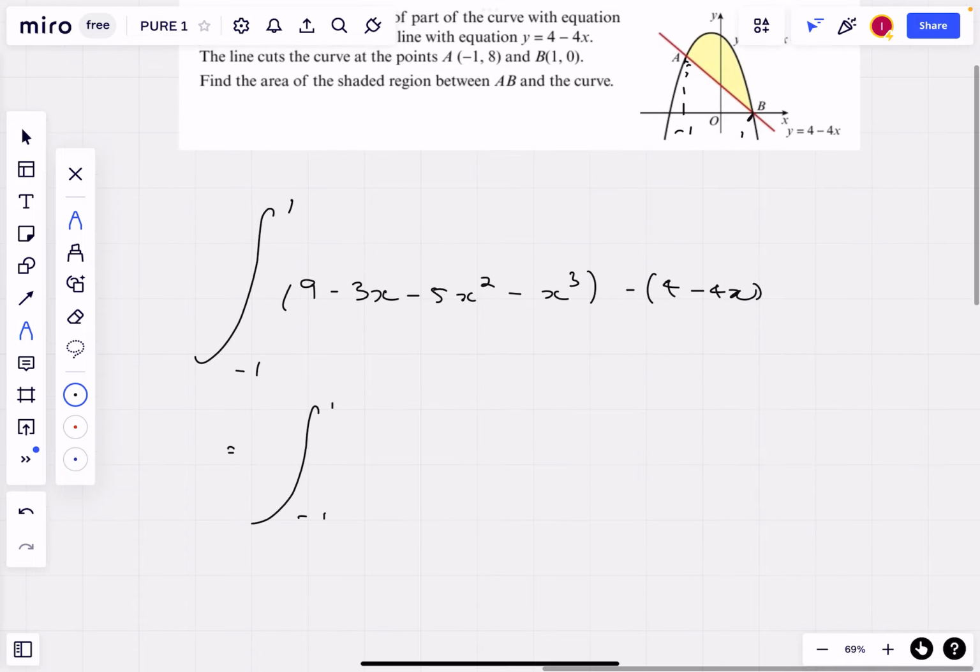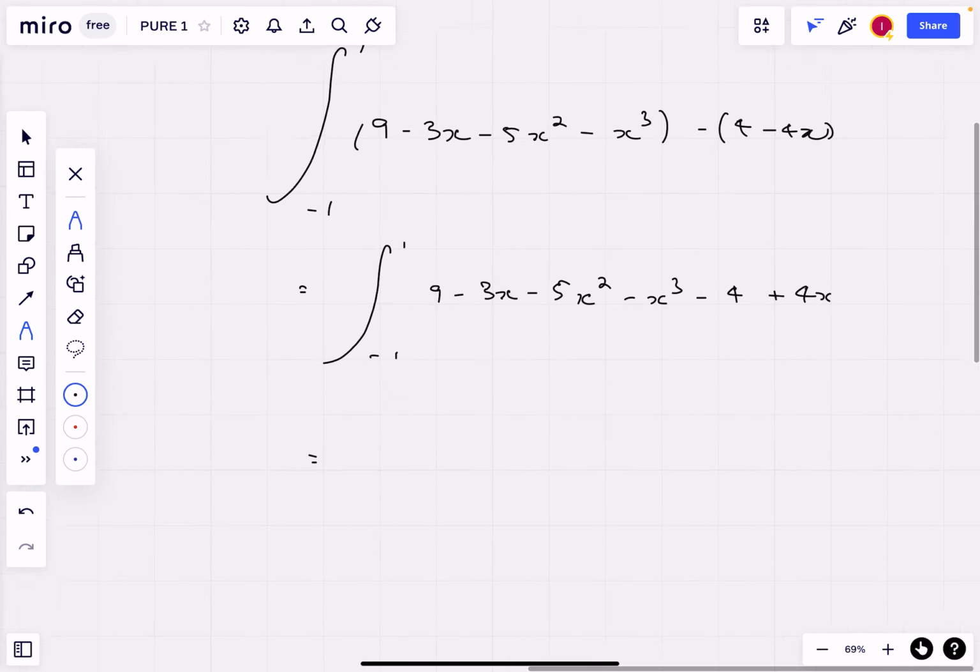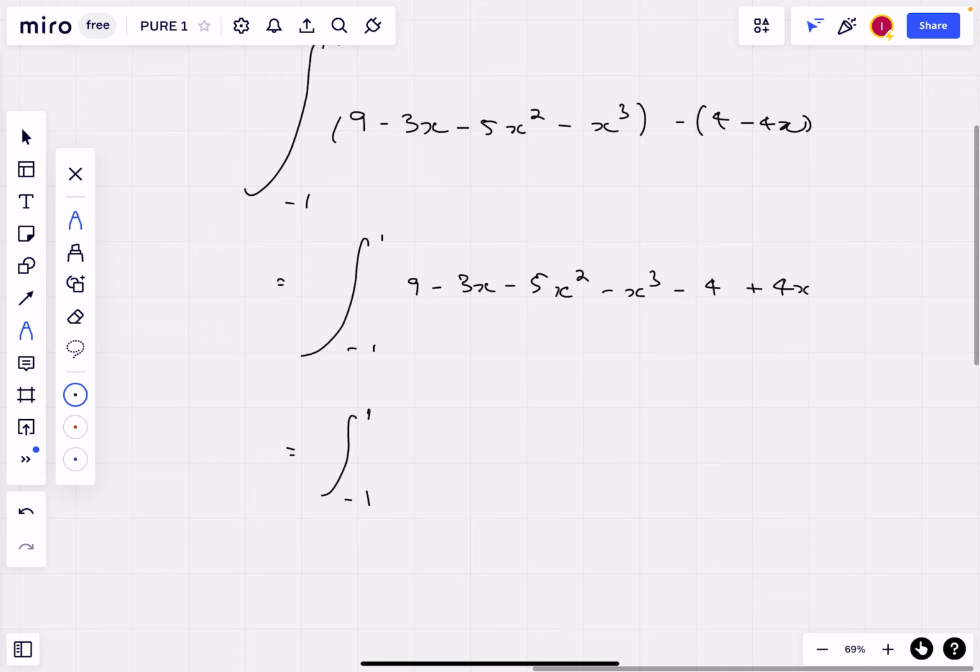Let's simplify that. 9 minus 3x minus 5x squared minus x cubed minus 4 plus 4x. And let's simplify it again. 9 minus 4 is 5. Minus 3x plus 4x is plus x. Minus 5x squared minus x cubed.